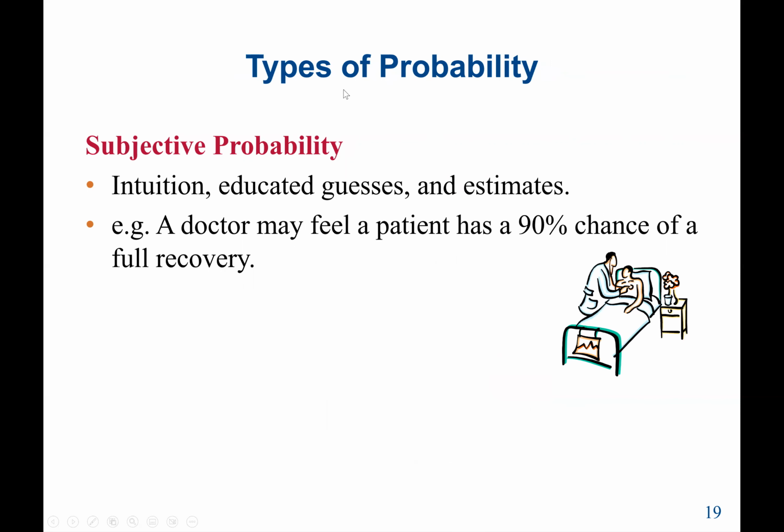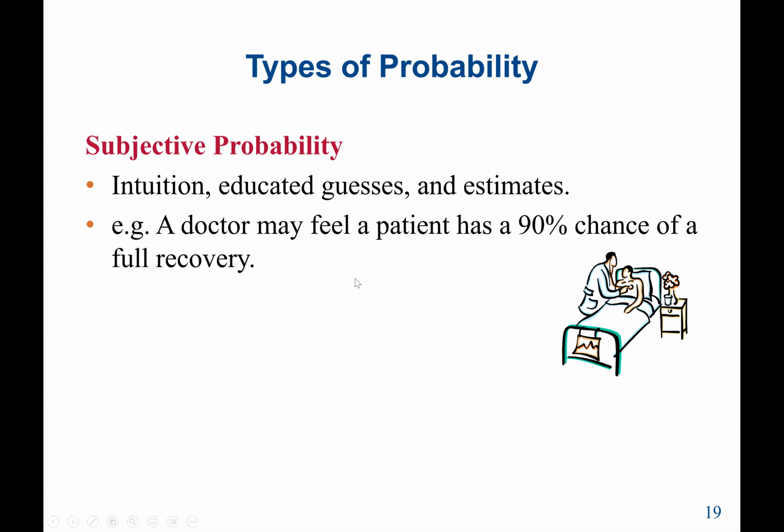So our last type of probability is what we call subjective probability. Now, with subjective probability, there's not too much mathematics here. The whole thing is based on your intuition, educated guesses, and estimates.